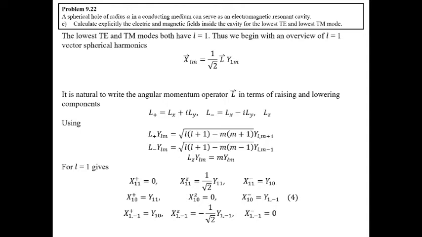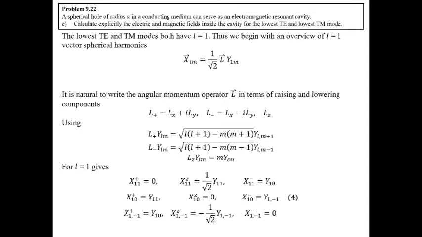Problem c. Calculate explicitly the electric and magnetic fields inside the cavity for the lowest TE and the lowest TM modes. The lowest TE and TM modes both have l equals 1. Thus, we begin with an overview of l equals 1 vector spherical harmonics.